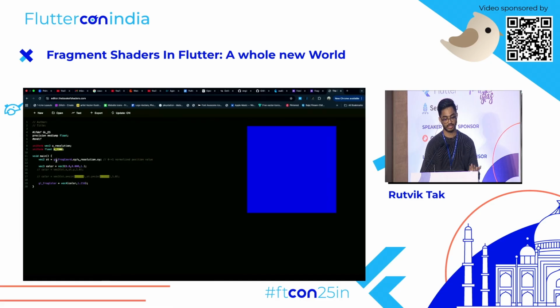With gl_FragCoord. It's a global value available within your shader program that gives you the absolute position on the screen, like whether the pixel is at the 100 by 100 XY coordinate or anything else. And u_resolution.xy is the total size of the screen. So we just normalize that value to a 0 to 1 range, so it's easier to deal with.